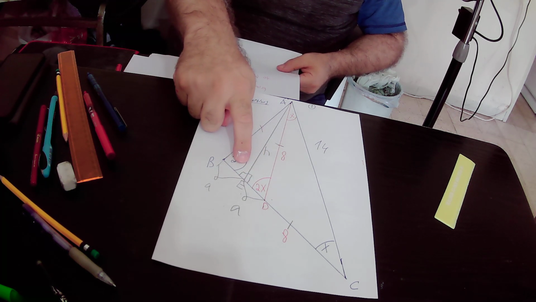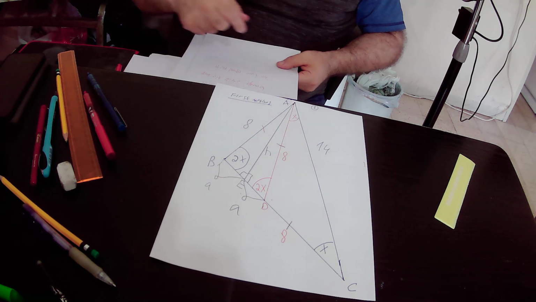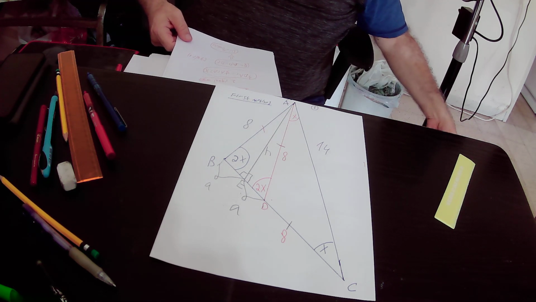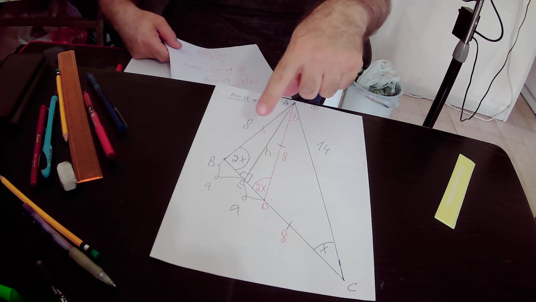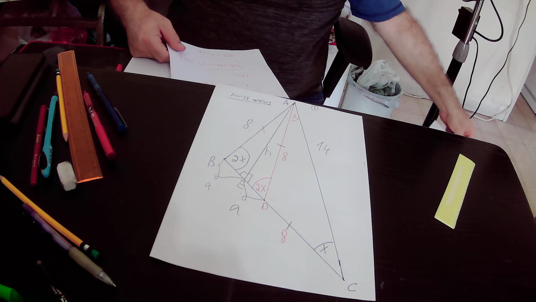So we implemented the Pythagorean theorem in the right triangle ABE. According to the Pythagorean theorem, the square of the hypotenuse equals the sum of the squares of the perpendiculars.